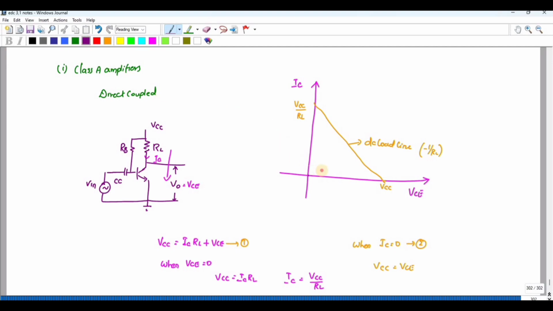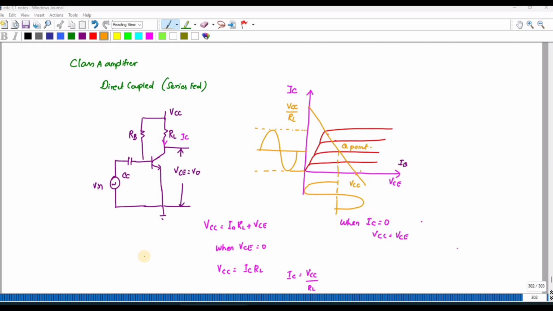We know the curve for the common emitter amplifier. This is the value we are varying with respect to the input current, which is IB.